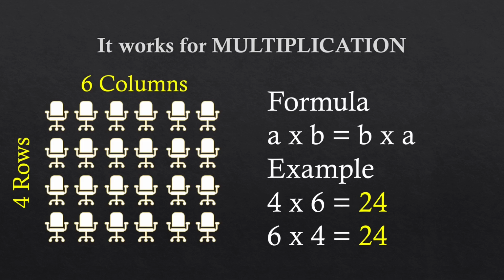That's 6 chairs times 4 chairs. Still 24 chairs in total. You rearranged the numbers. The answer stayed exactly the same. This is the commutative law, and it works every single time for addition and multiplication.